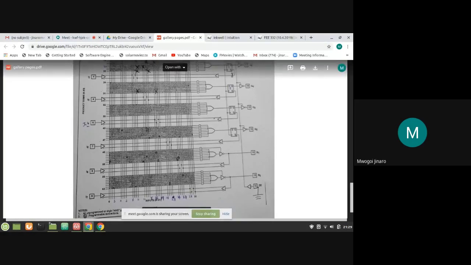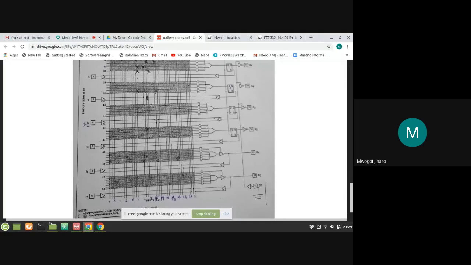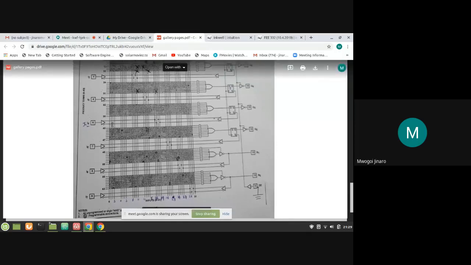And for the Q1 bar, it's this line here, which is 10. Yes, it's 10. So you have your position as 10 for the Q1 bar, 14 for the Q naught bar, and 17 for the X bar.